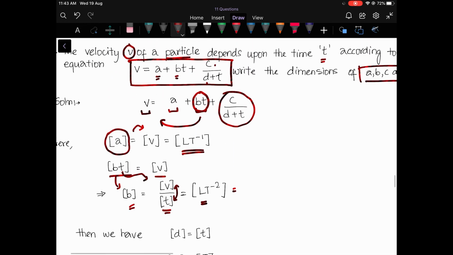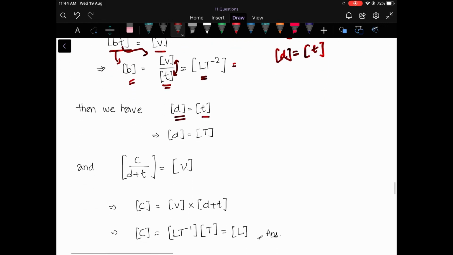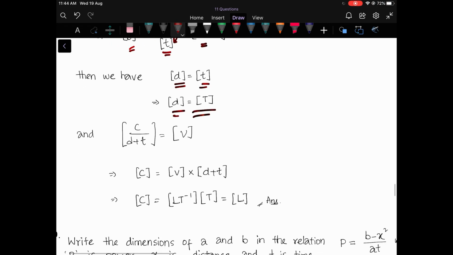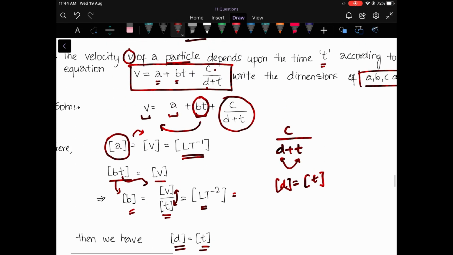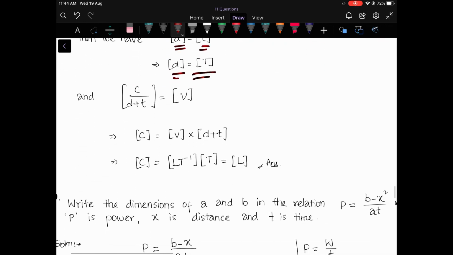Then finally, we have here C by (D plus T). Since D is added to T, I can say that D and T must have same dimensions. So you can see we have easily got the dimension of D, that is equal to your capital T. Then finally, the dimension of this whole term, that is your C by (D plus T), must be same as dimension of velocity.